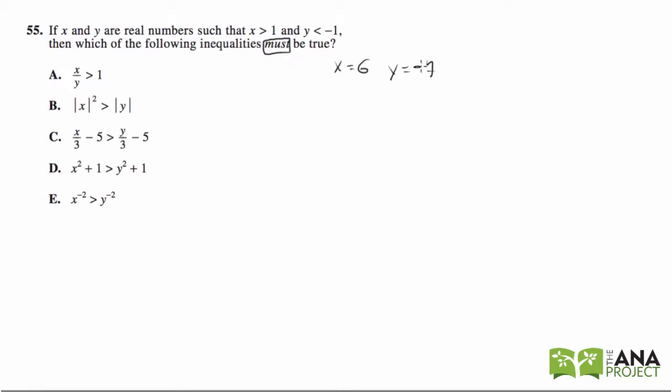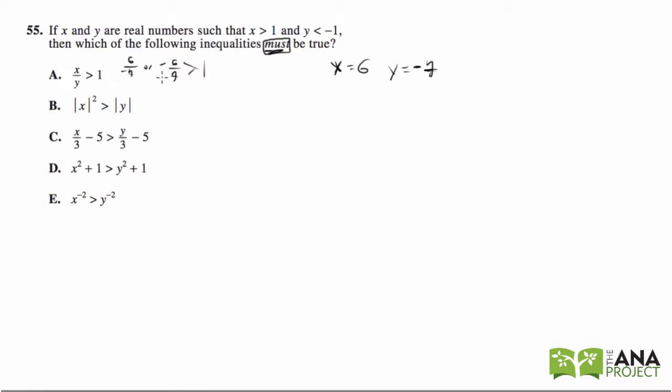We may have to experiment with different numbers here, by the way. Unlike the other ones, we can't just keep 6 and -7, because we have to figure out if it's true for all numbers where x is greater than 1 and y is less than -1. So, x over y is greater than 1. That means 6 over -7, or -6/7, is greater than 1.